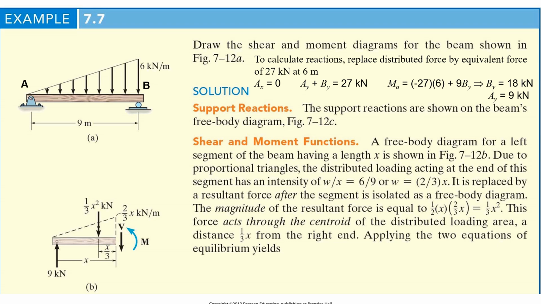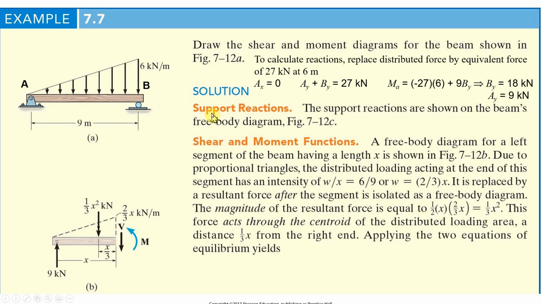Next example. So now we have a pure distributed force. The previous example had a point force, a point load. So I work through, we have a roller on one side, a pin on this side, and so we can have AX can be non-zero, but it's not because there's no other horizontal forces.